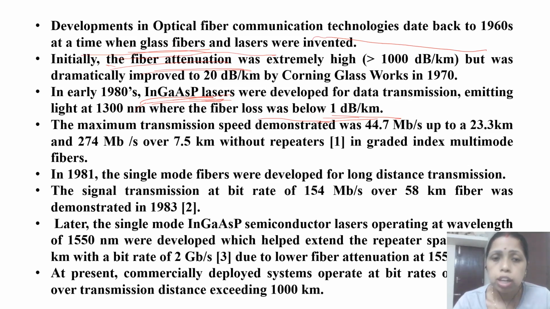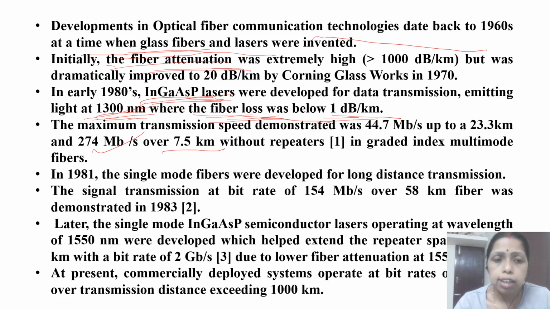If you design an optical fiber to carry an optical signal with a wavelength of 1300 nanometer, that kind of fiber has a low loss of 1 dB per kilometer, which can give a transmission of 274 megabit per second over 7.5 kilometer, 44.7 megabit per second up to 23.3 kilometer.